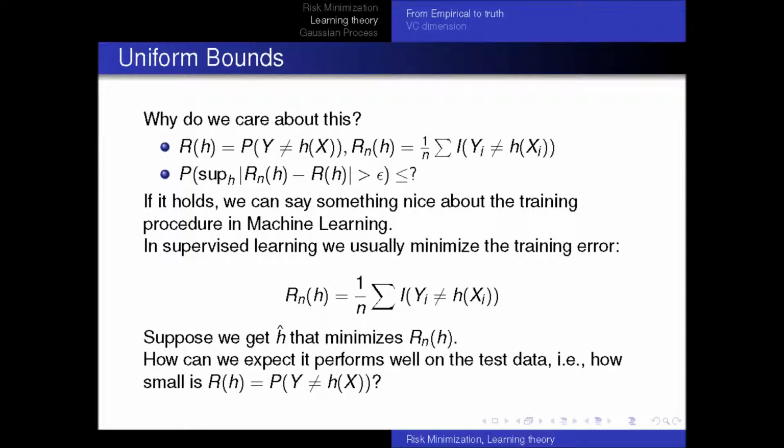Because in supervised learning, we always try to minimize the training error. And after that, we get an estimator h hat. So how can we expect it will do well on the test data? Equivalently, how small is this R(h) on the test data?